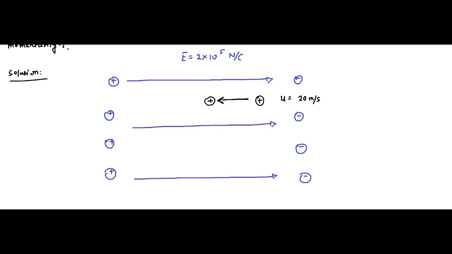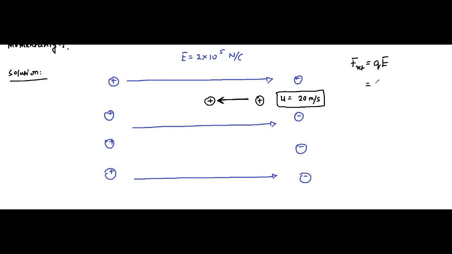Initially it is thrown against the field with initial velocity 20 meter per second. The retarding force that it will experience will be equal to QE, that is its charge magnitude and this electric field value.